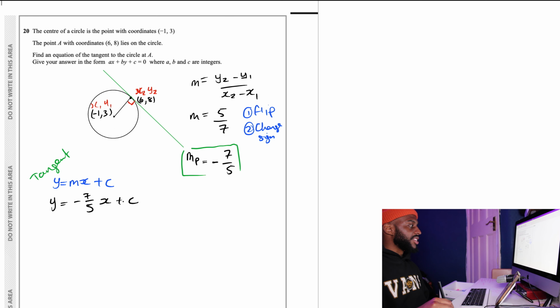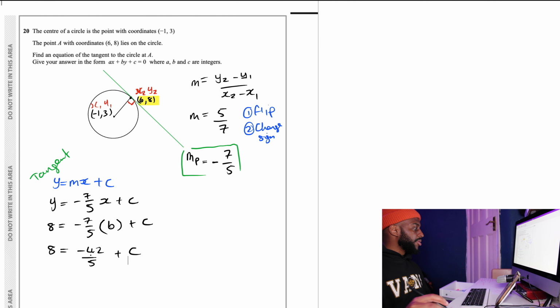The next step is to find C for the equation of the tangent. Because we already know a coordinate that lies on our tangent, we're going to sub it in and find C. So y is 8. Gradient is still our perpendicular gradient. X is 6. And we've got plus C. Let's times this out. So minus 7 times 6 is minus 42, and that's over 5 plus C. Okay, and let's rearrange this.